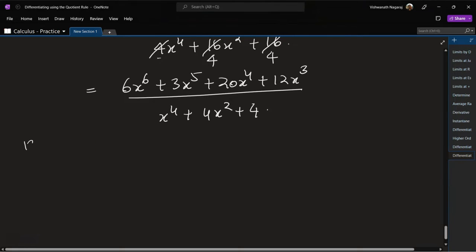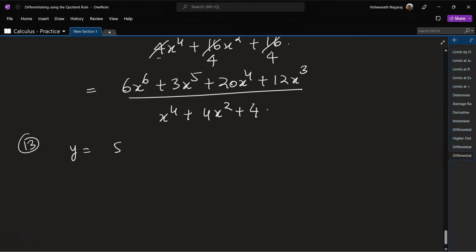Now let's do the 13th one. So y is equal to 5x to the power of 4 plus 4 divided by 2 times fifth root of x square plus 2. Okay, looks complicated, but we know how to reform it.